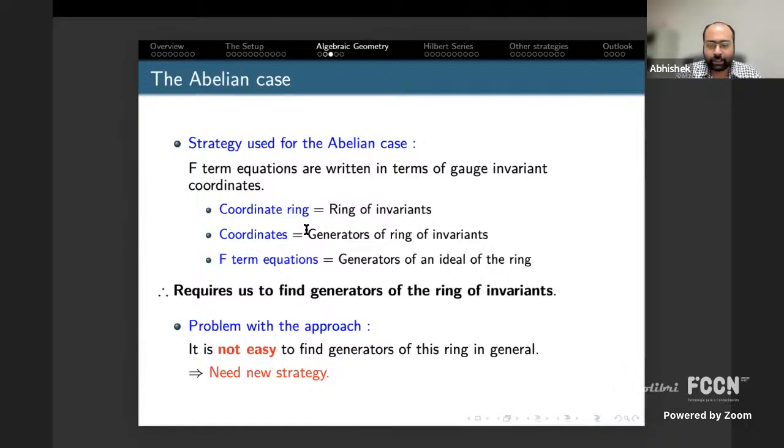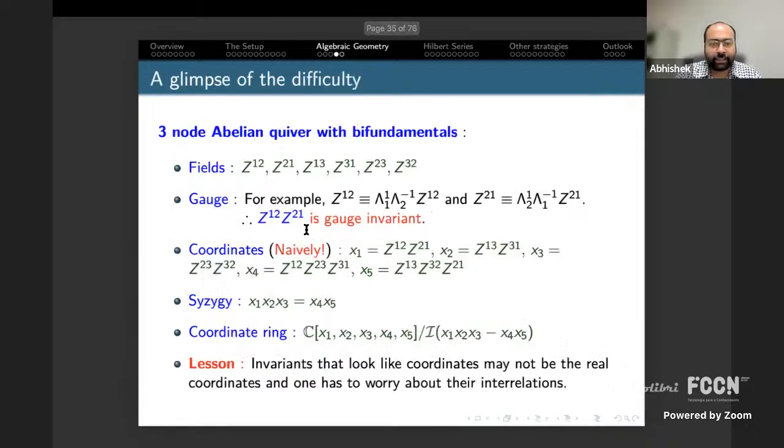Let me give you a glimpse of the difficulty for the non-abelian case. So suppose you have this 3-node abelian quiver with bifundamentals. Even in the abelian case, you will be able to see the difficulty that you can face.